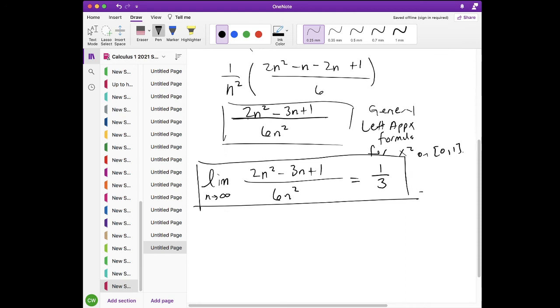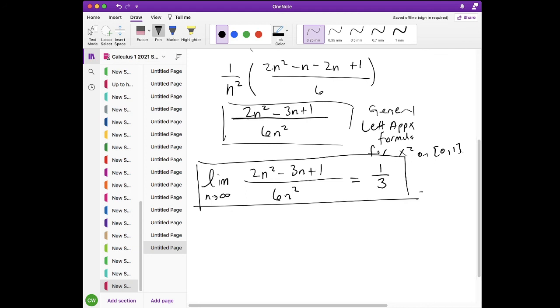Okay, so maybe next time we'll do the right approximations just to get the handle of the limits. I see, the notes aren't updating because I'm not signed in, so I'll sign in and then they'll be updated. Next time we'll do the approximation on the right, and that will definitively prove that the area underneath x squared from 0 to 1 is 1/3 by the squeeze theorem.